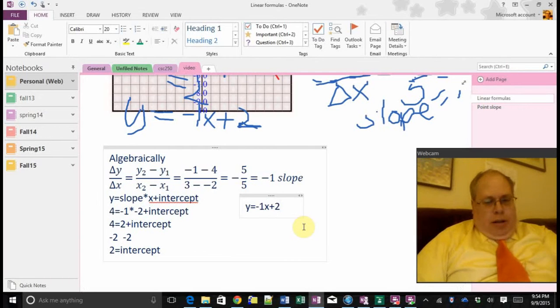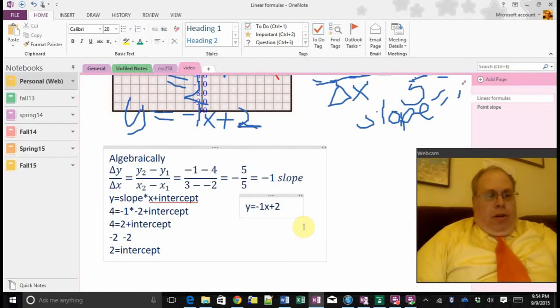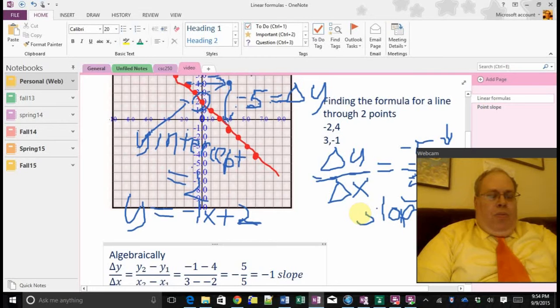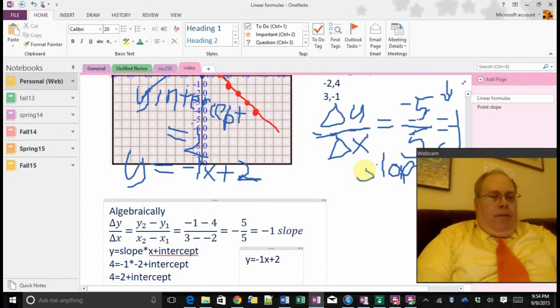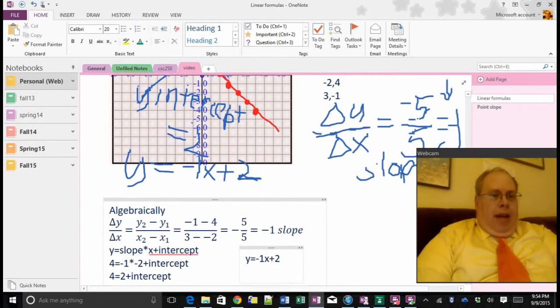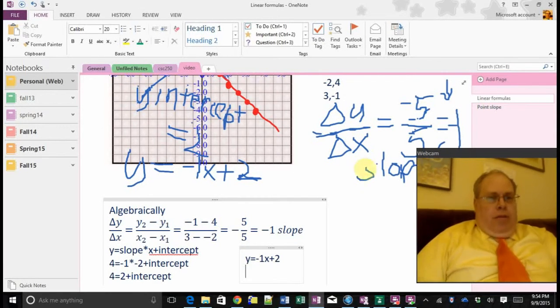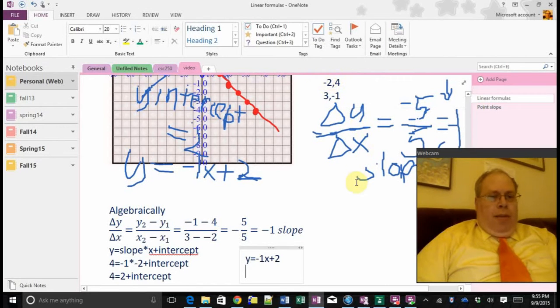Now, just to be totally sure, it's good to plug in the other x value, in this case 3, and make sure we get the other y value. We used (-2, 4) to make this formula. If we did it right, when we plug in 3, we should get -1.